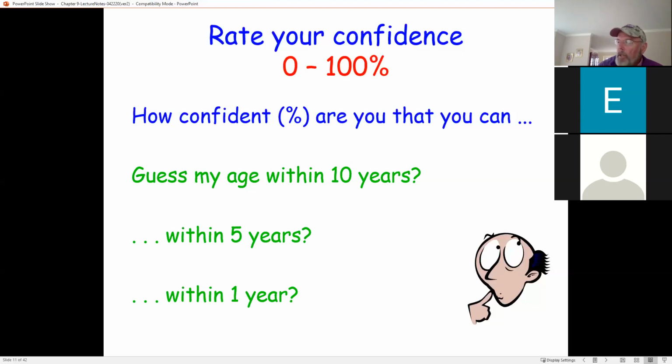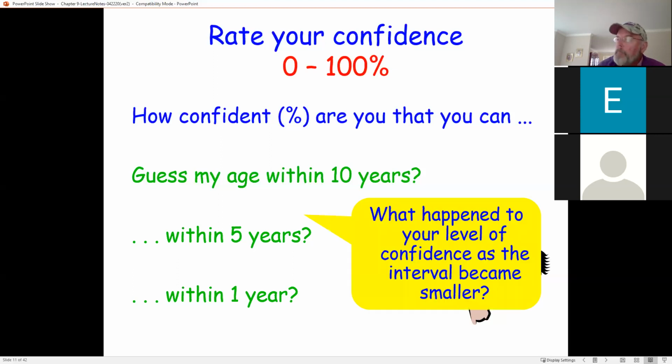Okay, how about 1 year? Okay, and as you get lower and lower in terms of time, you get more and more confident about what might happen within that interval. Okay, so that's what we're thinking about here in terms of the confidence level. What happened to the level of confidence with the interval becoming smaller? It became more precise. Okay, it became more accurate.